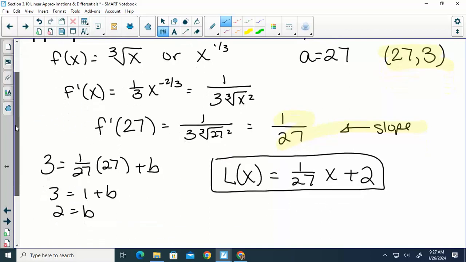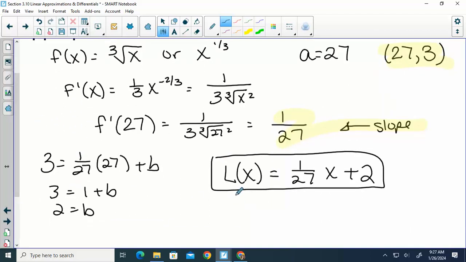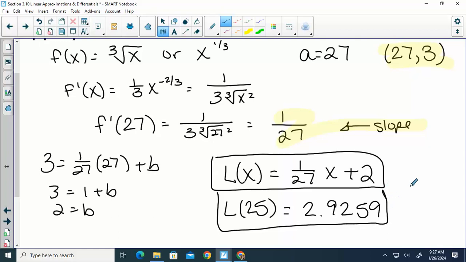So we have a linear approximation, and then what do we need to do to answer the question? And what does that give us? Check the cube root of 25.